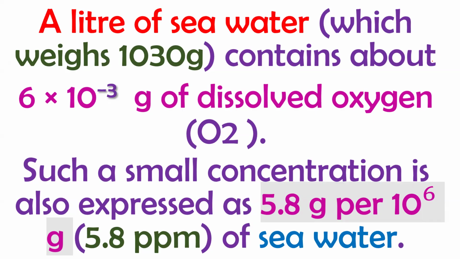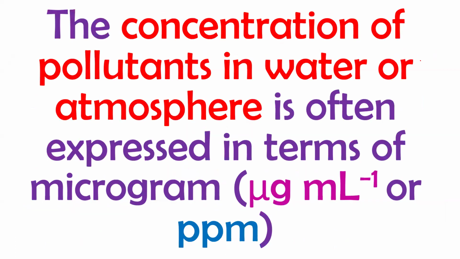Such a small concentration is also expressed as 5.8 grams per 10 raised to 6, that is 5.8 ppm of seawater. So the dissolved oxygen is in very trace amount, and we express it in ppm, 5.8 ppm in 1 liter seawater.